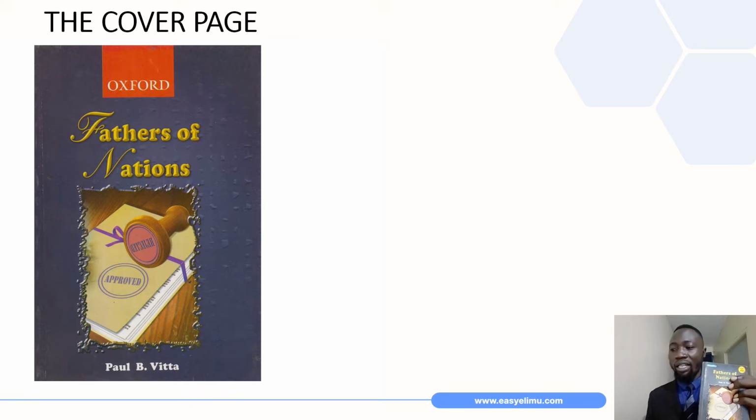So we are going to get to understand the relevance of the image that is used on the cover page and compare it to some of the actions or events that take place in this novel by Paul B. Vita.